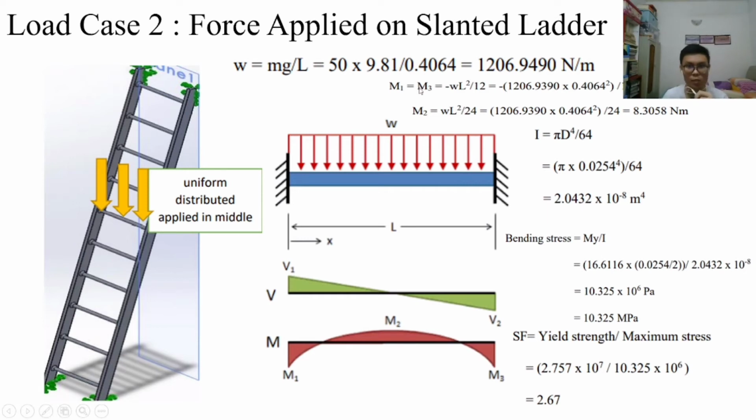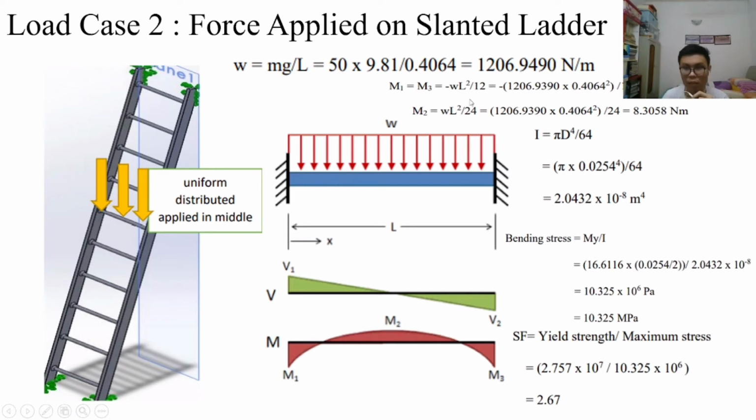Before we start the simulation, we do the actual analysis first. The most critical part is the beam of the step of a ladder, which can be represented by this figure. From this figure, the highest moment could be M1, M2 or M3.